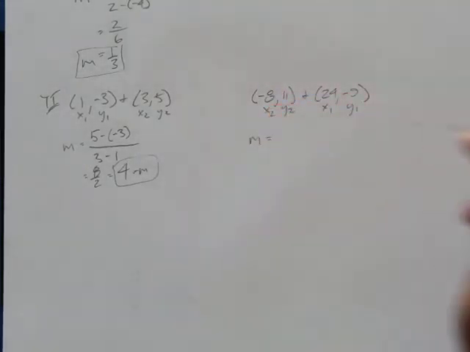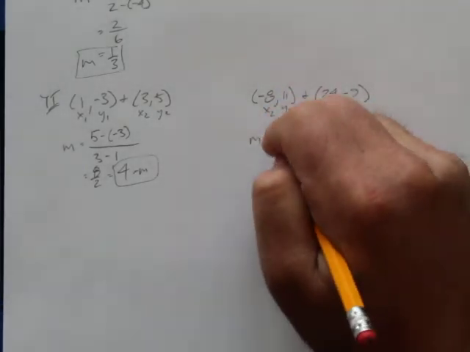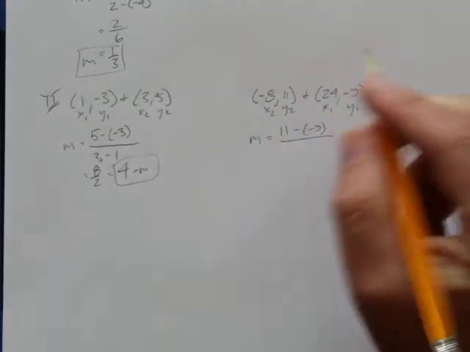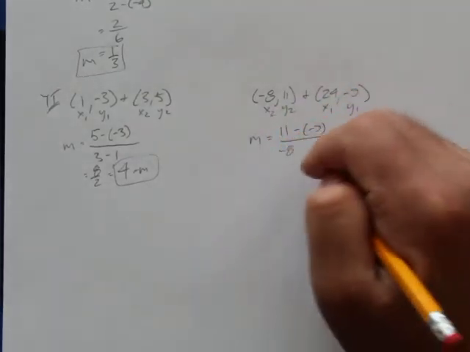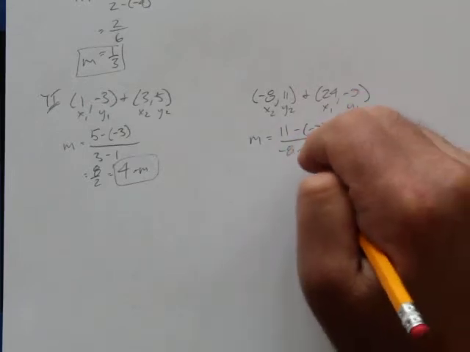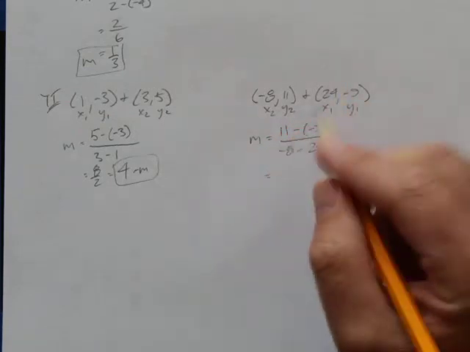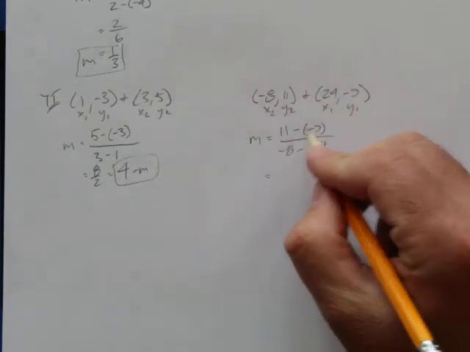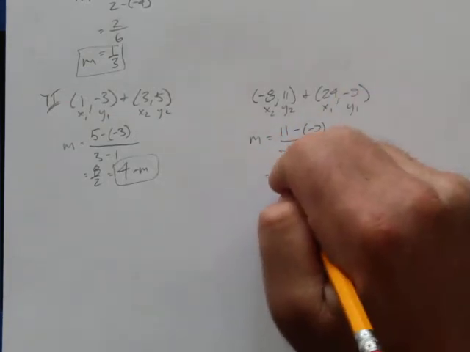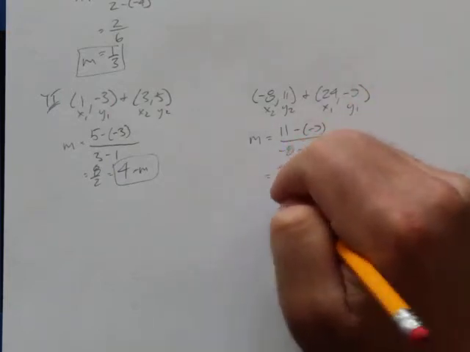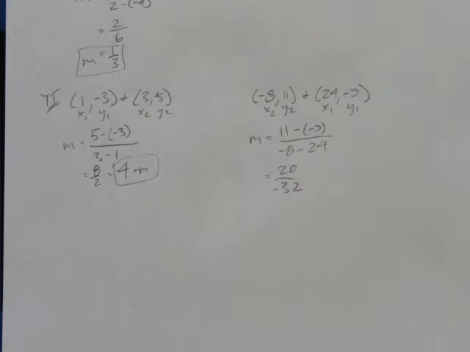So let's see here. y2 is 11 minus y1, which is -9, over x2, which is -8, minus 24. So I've got 11 minus a -9, that'll give me 20. -8 minus 24, that gives me -32.